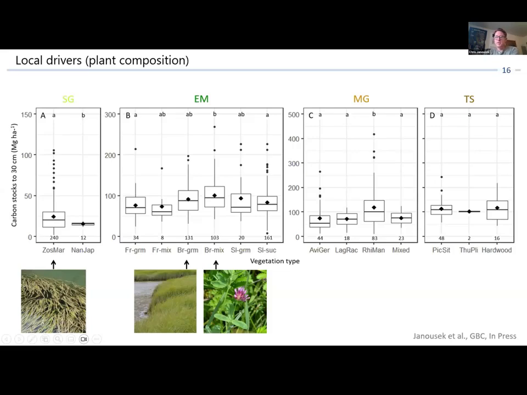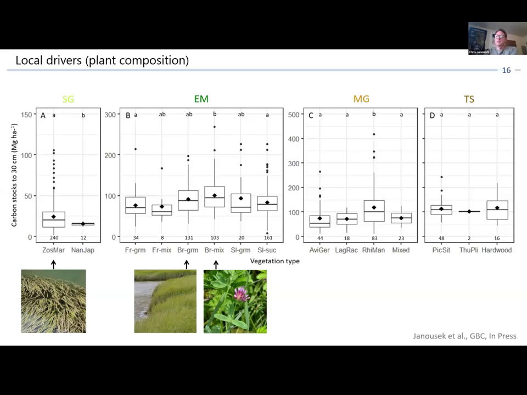For mangroves, we looked at four mangrove types: Avicennia, Laguncularia, Rhizophora, and then mixed assemblages. And Rhizophora, the red mangrove, kind of fell out as having the highest carbon stocks. And then finally, for tidal swamps, we looked at Picea sitchensis forest, so Sitka spruce forest.